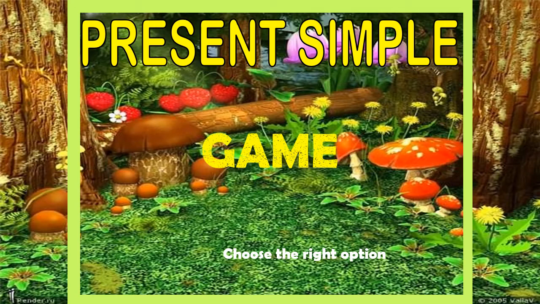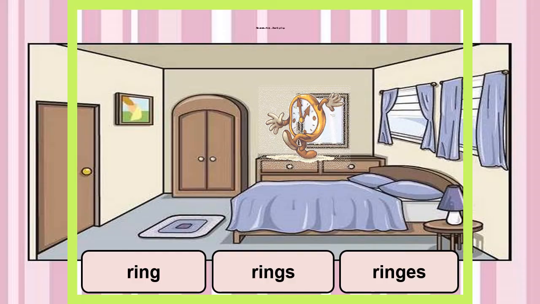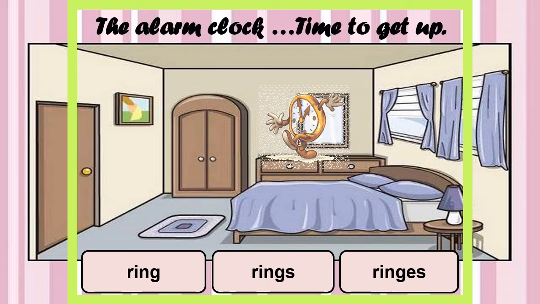Present simple game. The alarm clock, time to get up: ring, rings? Which one is correct? The alarm clock means it, so we add s to the verb, so the correct answer is rings.